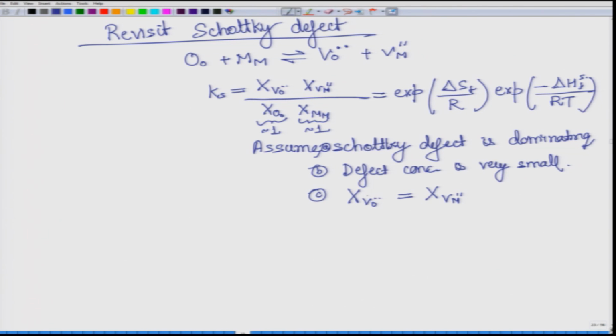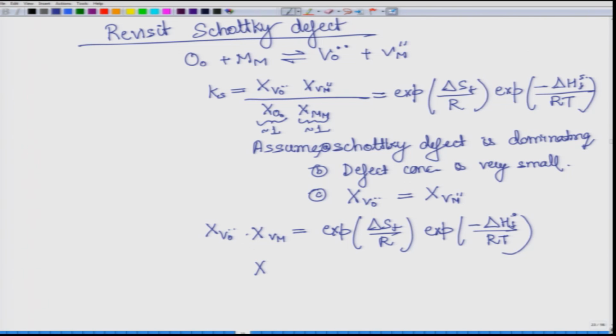So this can also be represented as the fraction xVO equal to the fraction xVM. Now, we can say that xVO dot dot times xVM is equal to exp of delta SF by R times exp of minus delta HF. Since these are equal, we can take a square root, and therefore xVO dot dot equals xVM equals the expression with a factor of 1 over 2 in the exponent.